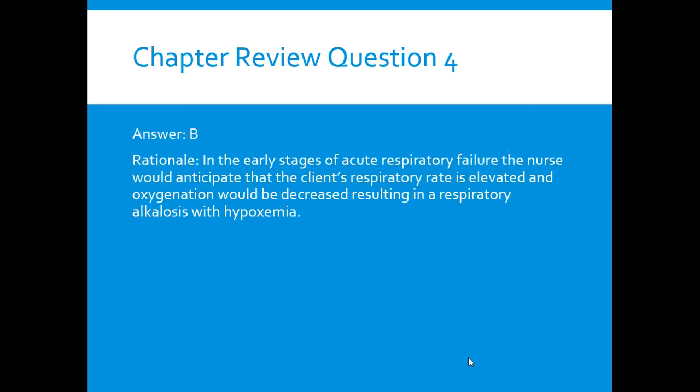All right, your answer is B. So in the early stages of acute respiratory failure, the nurse would anticipate that the client's respiratory rate is elevated, oxygenation would be decreased, resulting in respiratory alkalosis with hypoxemia.